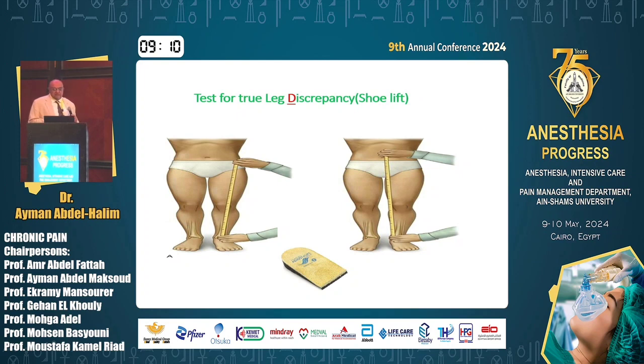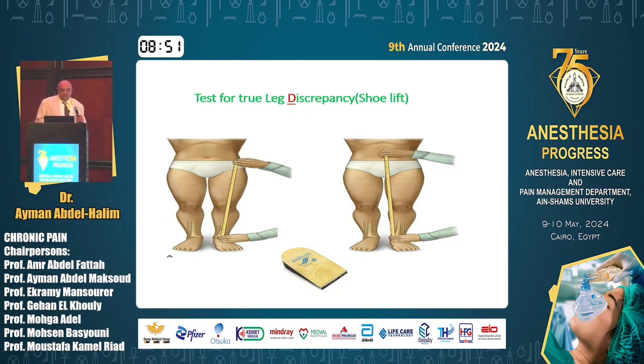By measuring between the umbilicus and the medial malleolus, and the ASIS and the medial malleolus, you'll be able to differentiate true leg discrepancy from pseudo-leg discrepancy. If you have a true leg discrepancy, you can benefit a lot from a heel lift.